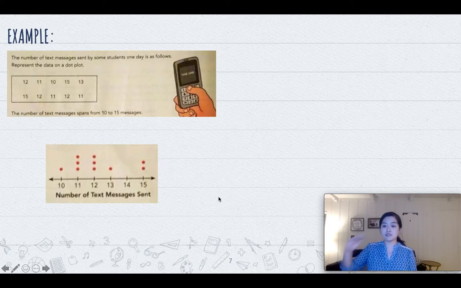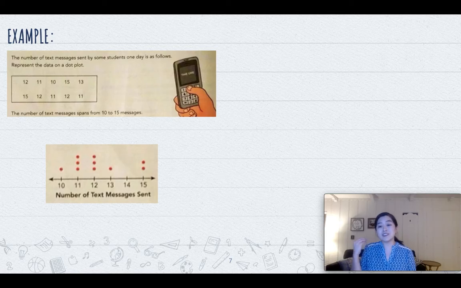That way it's easy for us to see the data as organized. Because if you just draw one dot here and then another dot way up here, it's hard for us to see the data as organized. So make sure you look out for that.